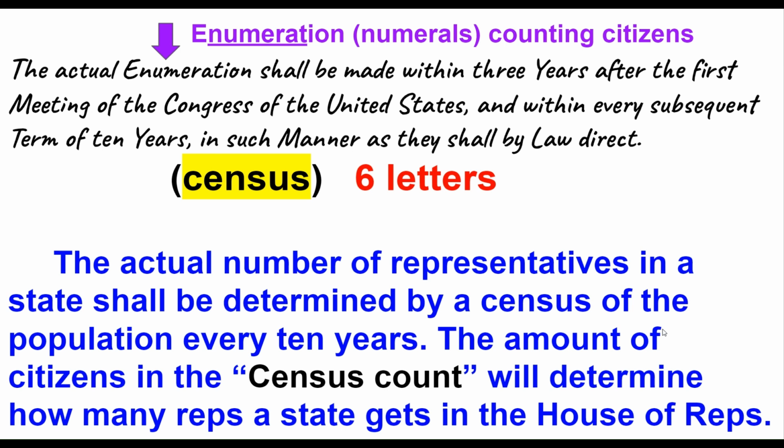Maybe you've heard of a census before. The amount of citizens in the census count will determine how many reps a state gets in the House of Reps. So every 10 years, the national government sends out federal workers to take a census of the population, an official count. Okay.